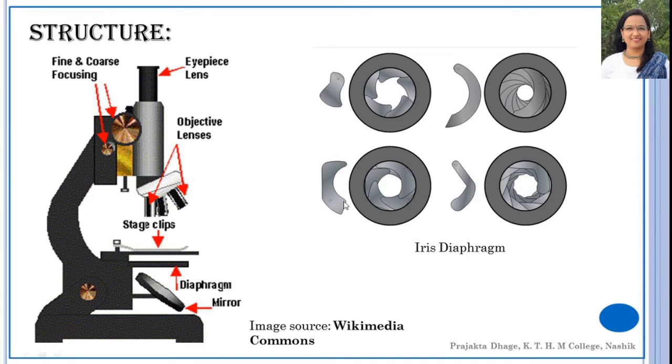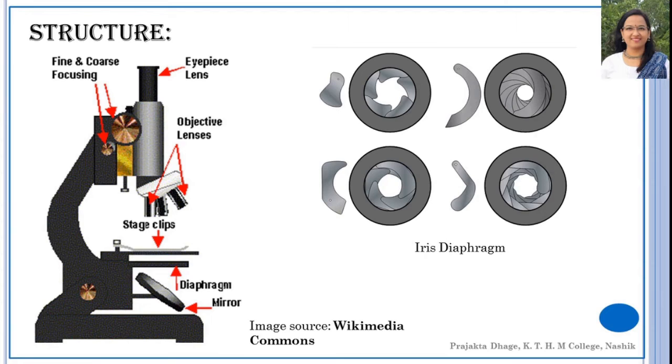Can you see in this particular picture, here you can see the diaphragm. This is nothing but a diaphragm. It is going to control the amount of light which is going to fall on the object. The material to be observed is brought into view by moving the slide and then fixed with the help of the clips.